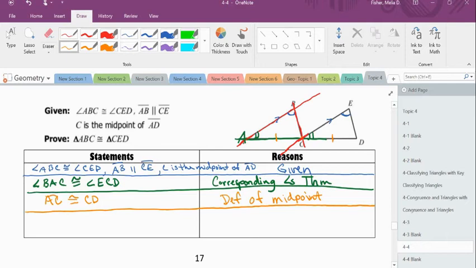And now I have enough information to prove that my triangles are congruent. So I can say that triangle ABC is congruent to triangle CED, and that is because of angle, angle, side congruency theorem.